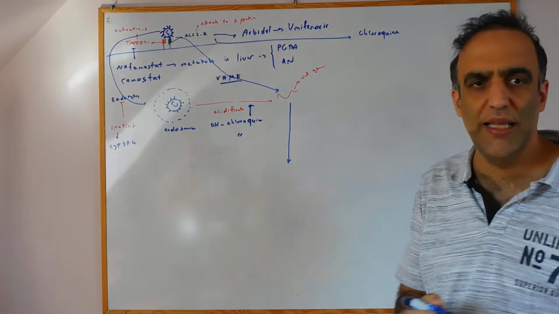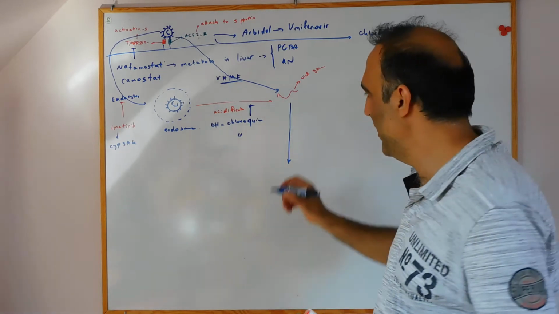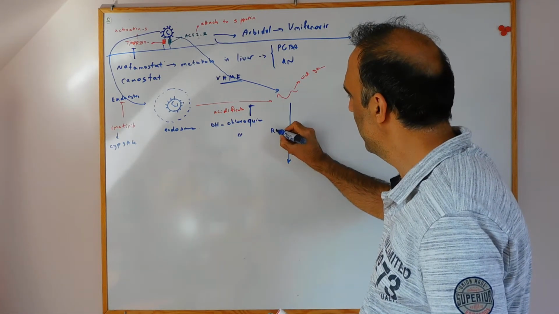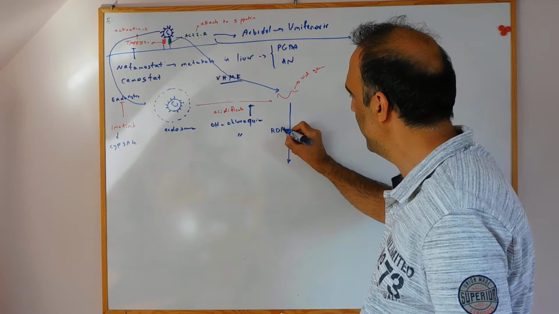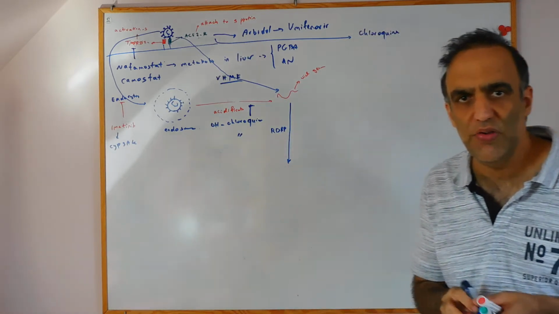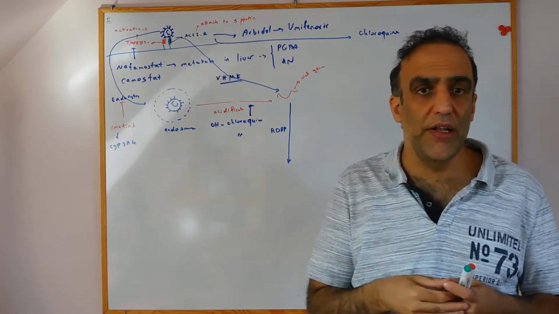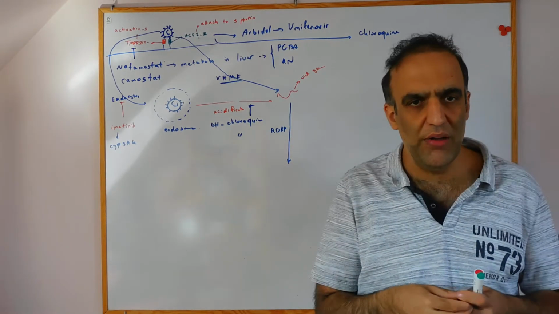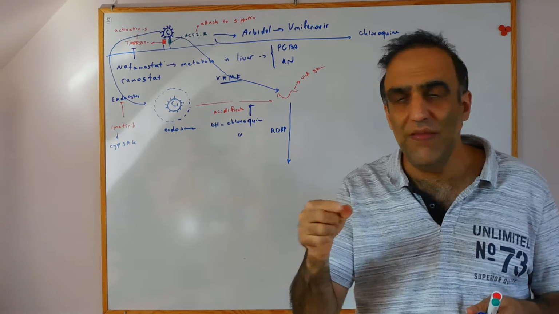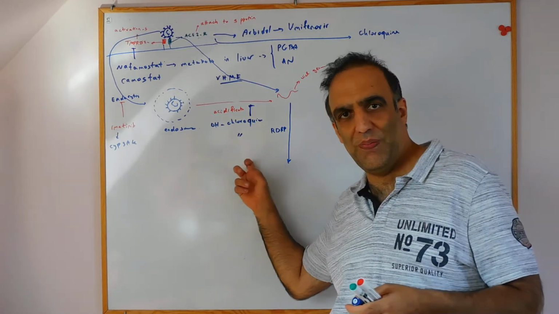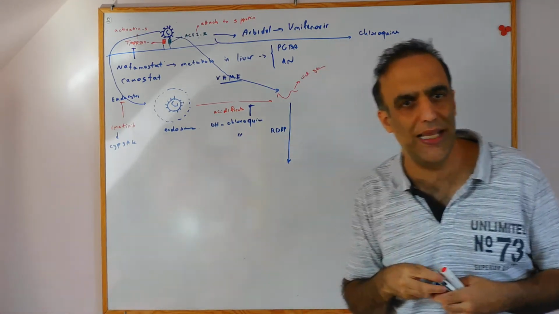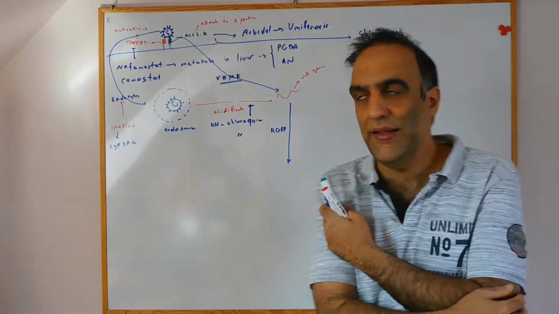We need a protein which is called RdRP. In the second lecture I spoke about it: RNA-dependent RNA polymerase. We have to produce this protein. We will see how in the next part.